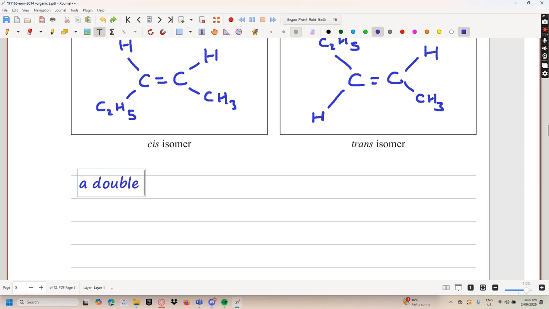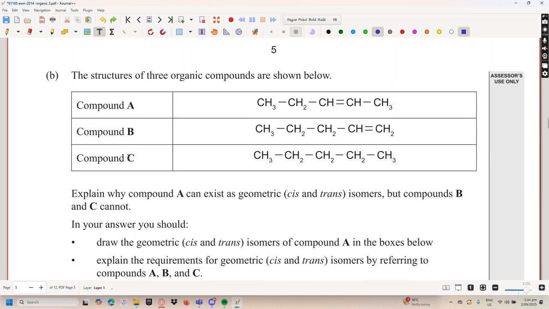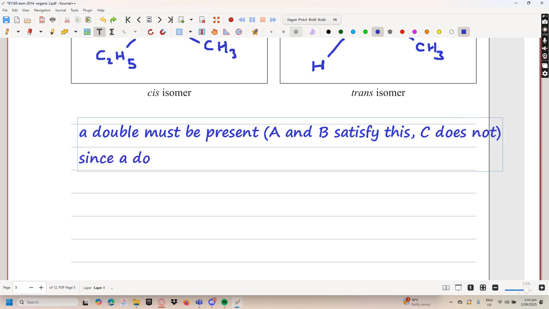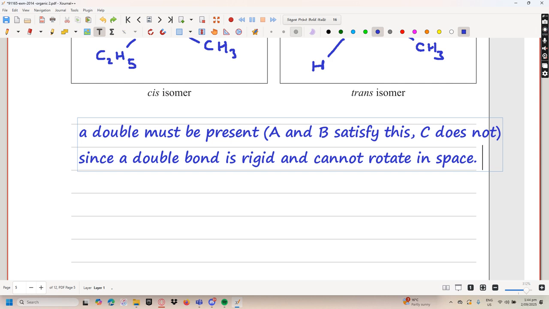A double bond must be present. All three compounds except C satisfy this, since A and B have double bonds and C does not. A double bond is rigid and cannot rotate in space. So you can't rotate about the double bond.